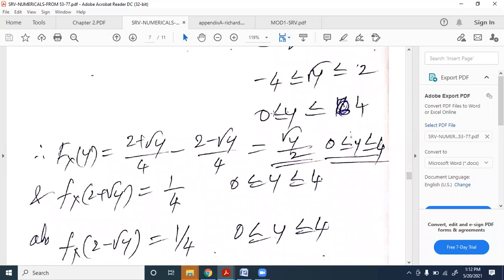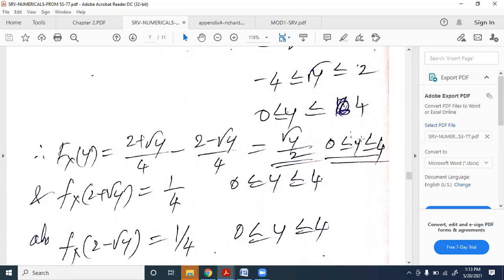If you just take the square of this, minus 4 whole squared will give you 16. 16 is very large, and root y squared will give me the value 4. We cannot take negative values, we take 0. 16 has no meaning over here. So this will be 0, and if you square this, that will be 4. That's why it is written as 0 < y < 4.